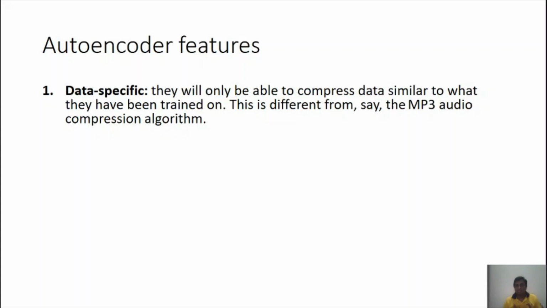They are not general purpose compressing algorithms, and that is what makes them very different from what you usually see as compression algorithms, MP3, MP4. All these algorithms are capable of compressing data without learning anything about the data. So in that way, they are very different from conventional algorithms for compression.